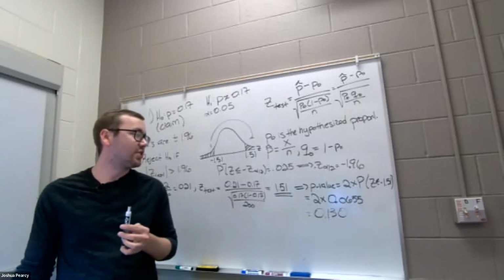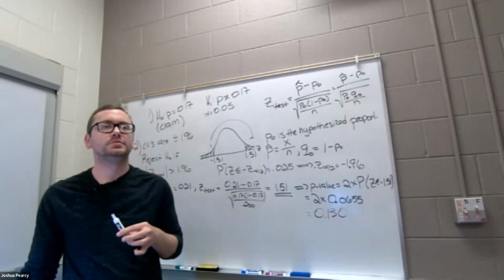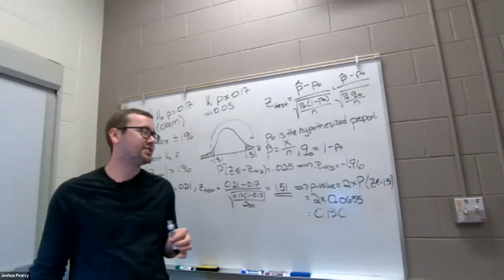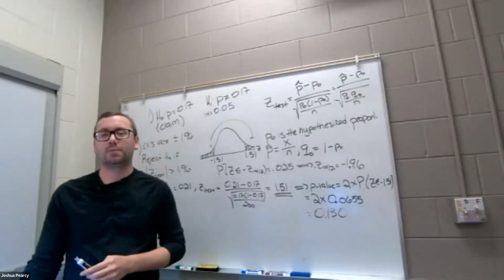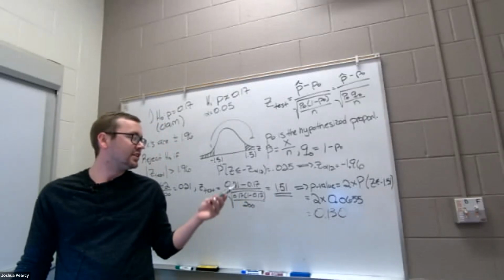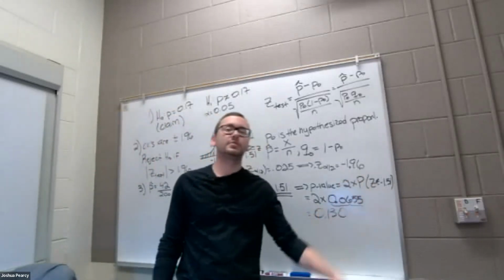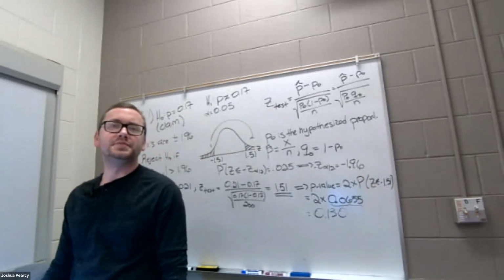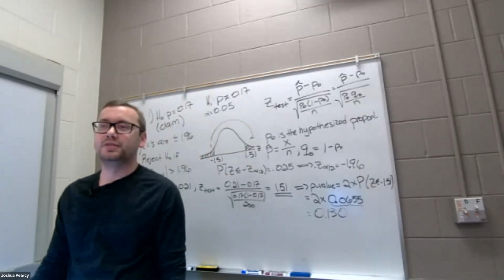What if this was just a right-tailed test? What would be the p-value? It would be the area to the right of this test statistic here, so you just take 1 minus the area to the left. Instead of 2 times it, it's just that. What if it was a left-tailed test? What would be the p-value?